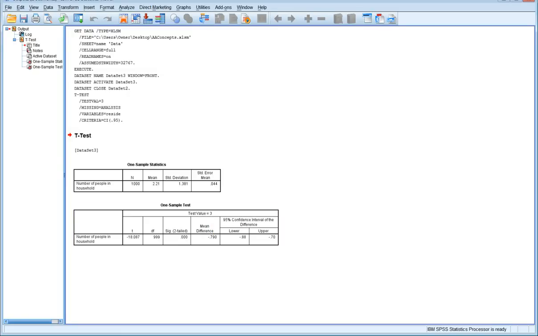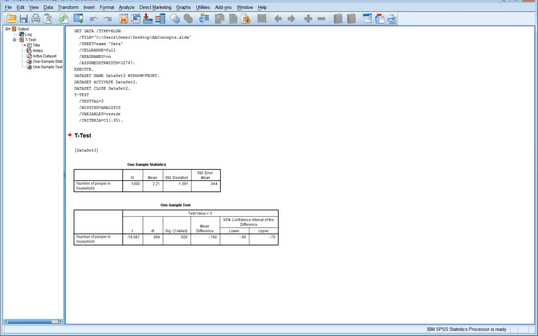So where is the significance level which is used as a trigger to reject or not the null hypothesis? It is here. And SPSS reminds you that this is a two-tailed test. The significance level is 0, which is below 0.05, which means we reject the null hypothesis of the mean being equal to 3. Which means the mean is not equal to 3.